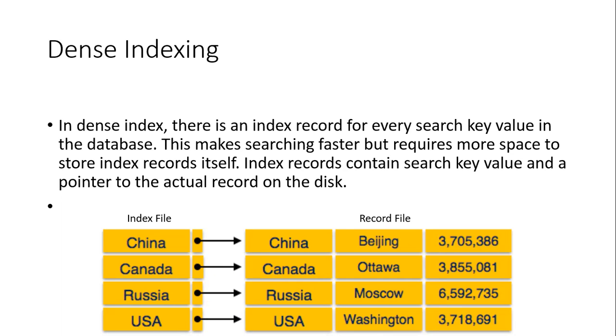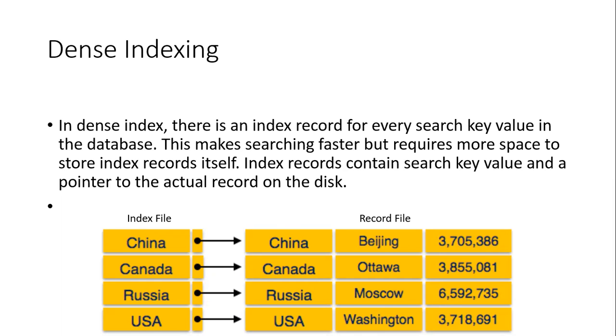In the index file, every search key is present. So in dense indexing, we put an index entry for every search key value. Here the search key attribute is the country name, so every country name will be present in the index file.